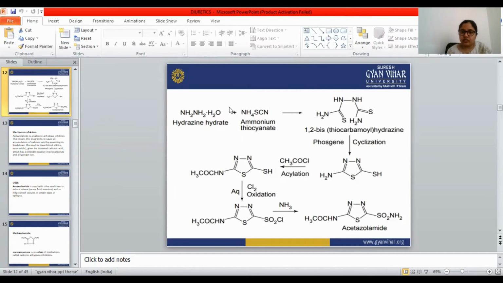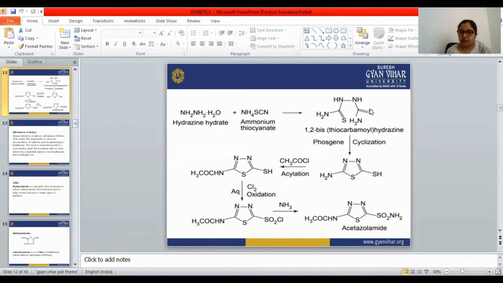In this reaction, H2O is removed from here and this NH comes here, then SCN, so this forms 1,2-bis thiocarbamyl hydrazine.